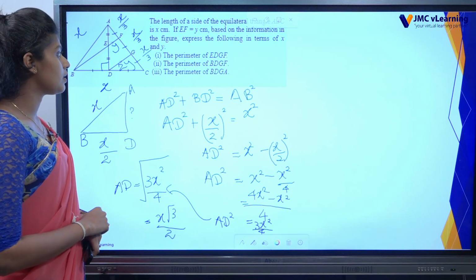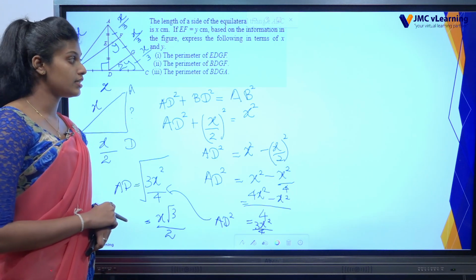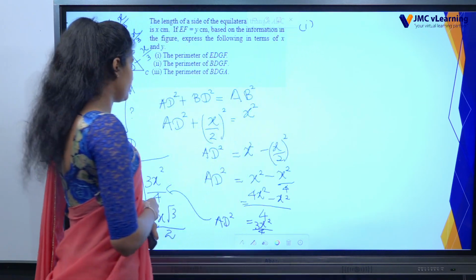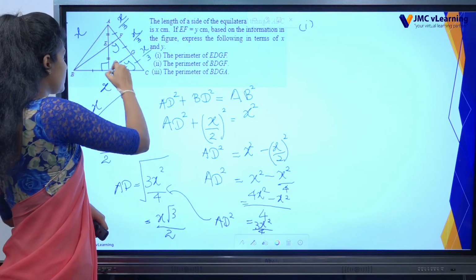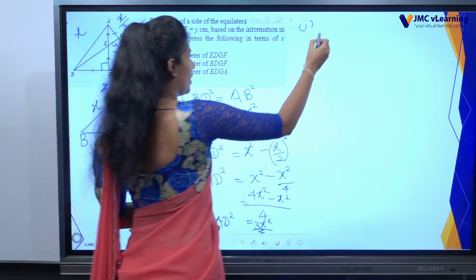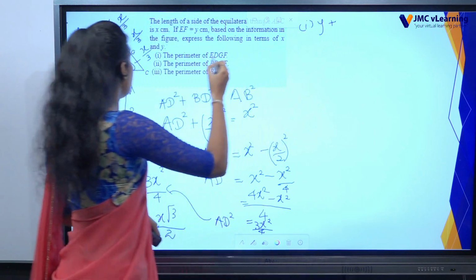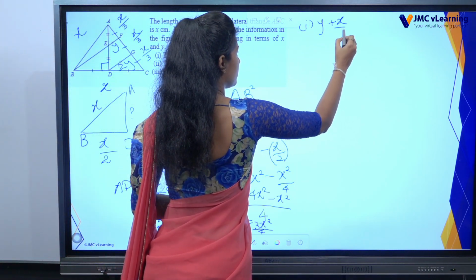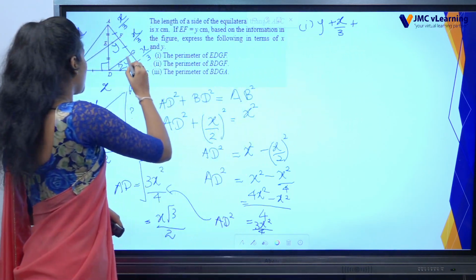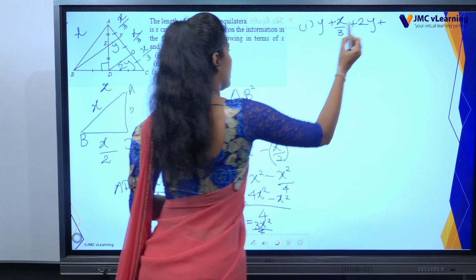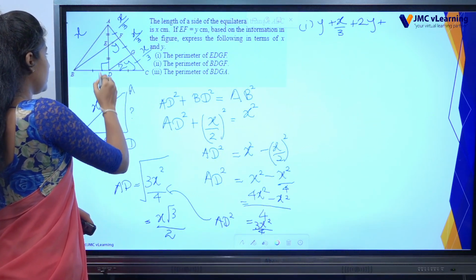Then let's find the perimeter of EDGF. What you have to do? You have to add all of these. The length of EF is y. Add FG, which is x over 3. Then GD is 2y. Add ED.